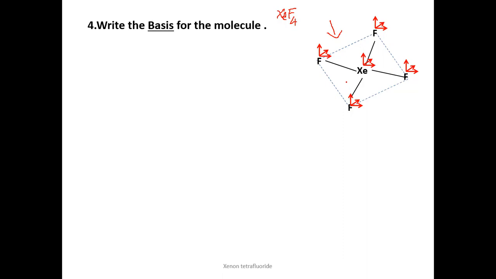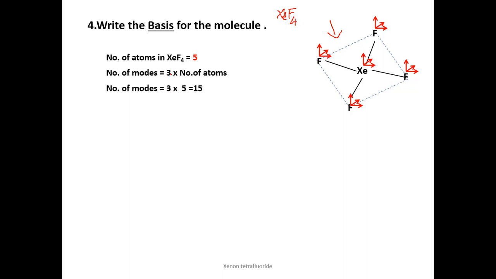During vibration, the position of the atoms may change, as a result of which the position coordinates may change. The number of atoms in xenon tetrafluoride is 5, and the total number of modes will be equal to 3 times the number of atoms. It will be 3 into 5 equal to 15.